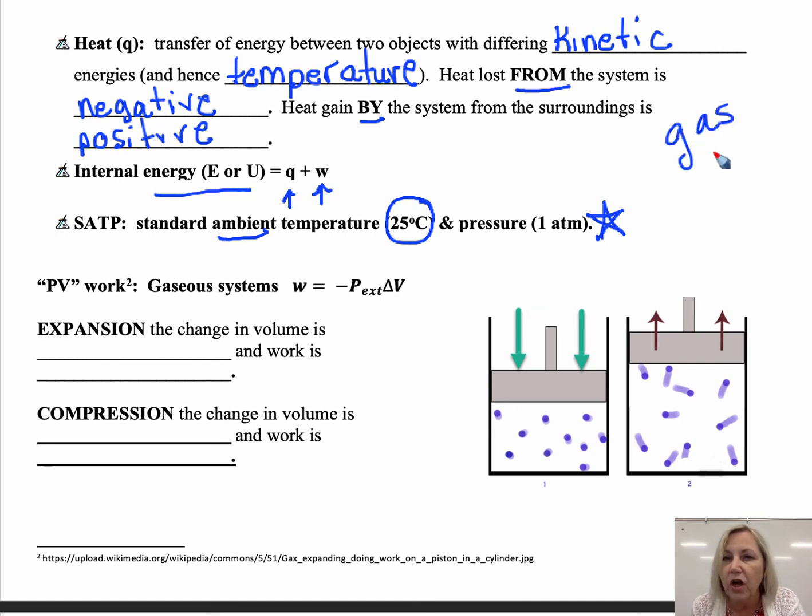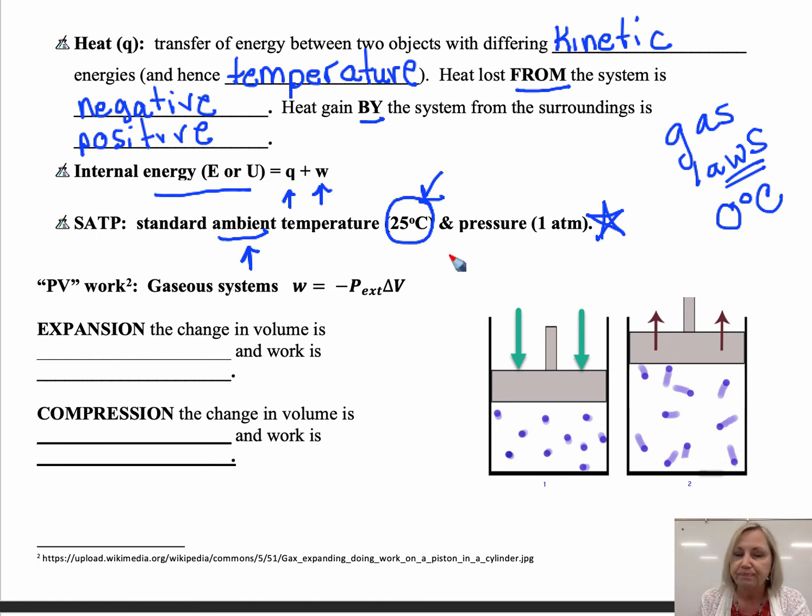Unlike the gas laws that you have likely already studied, where standard is 0 degrees Celsius, with thermodynamic variables, the scientists that began all this research defined standard as 25 degrees Celsius. So sometimes it can be helpful to call that SATP for standard ambient temperature and pressure.